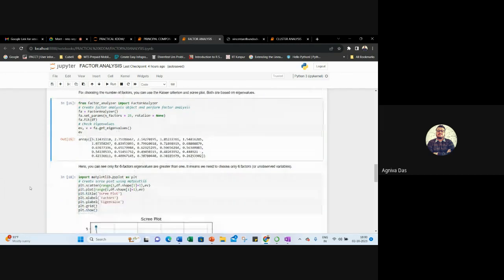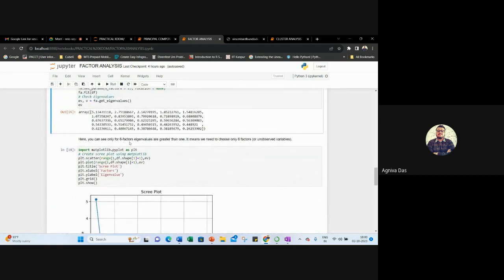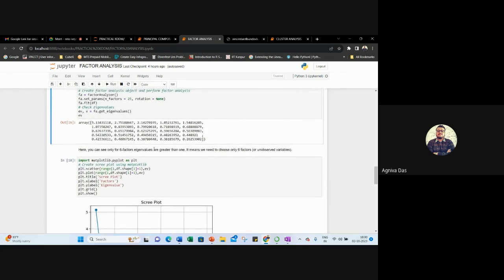Here you can see only for 6 factors, eigenvalues are greater than 1. It means we need to choose only 6 factors or unobservable variables.